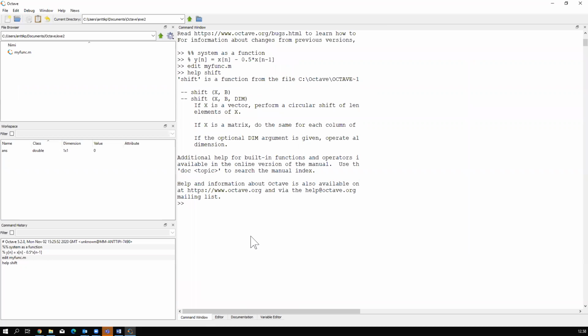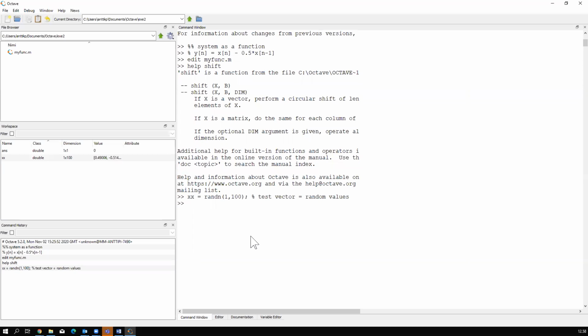For that one, I can do, for example, something like that. XX equals random numbers, 100 random numbers, and then we can plot.